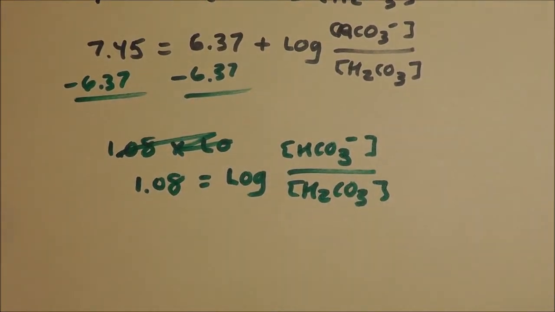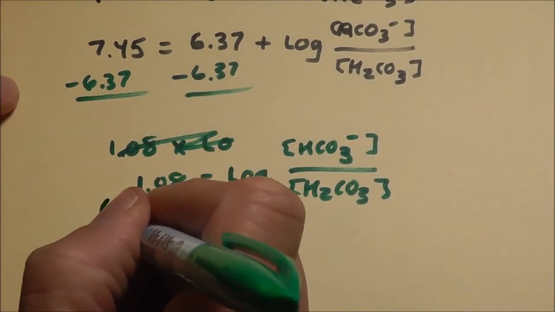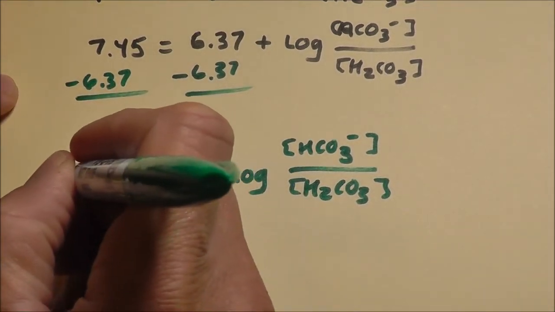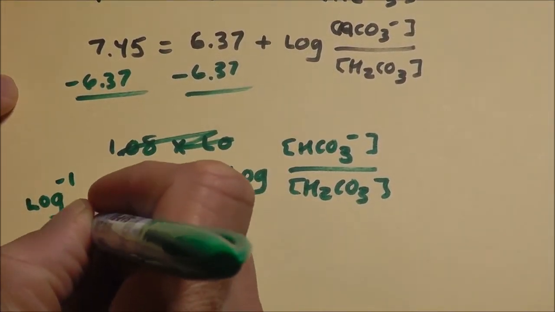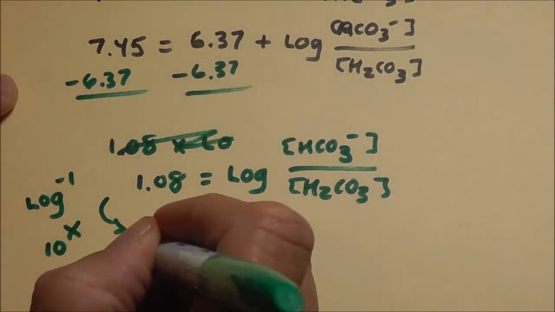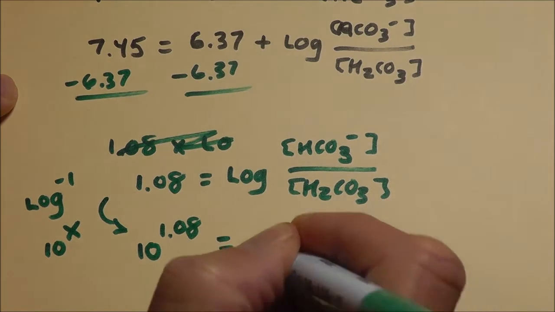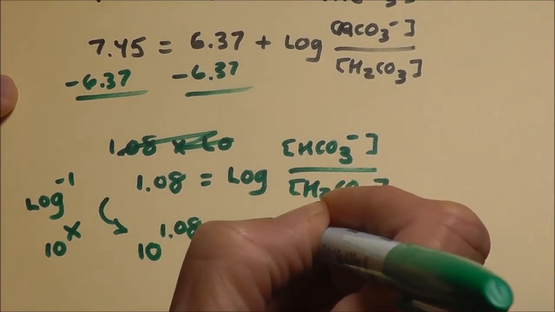Now here's the thing. How do I get inside that logarithm? I do an inverse log, otherwise known as a 10 to the x. So I'm going to do 10 to the 1.08 on this side, and that's going to get rid of the logarithm on the other side.